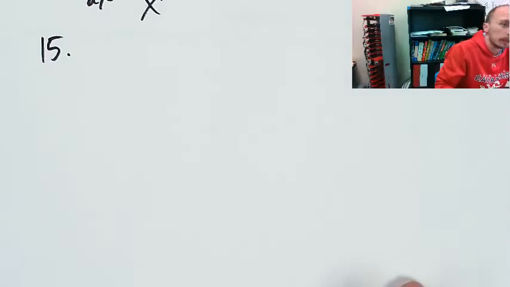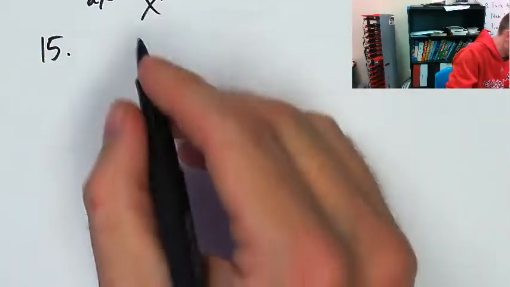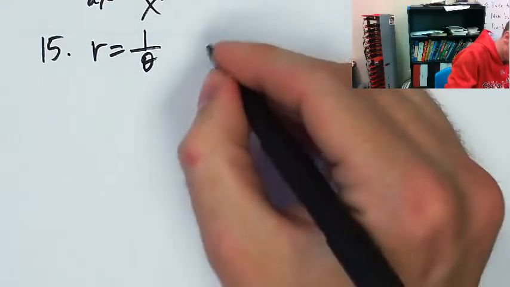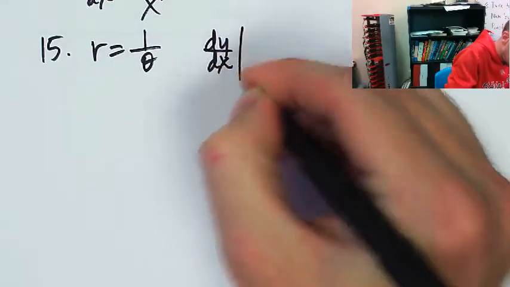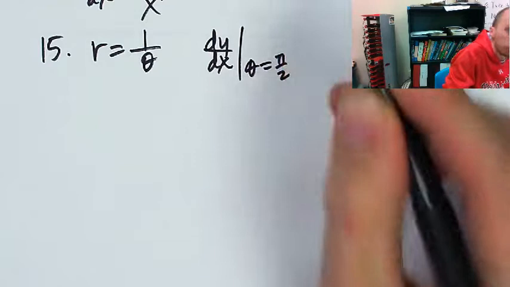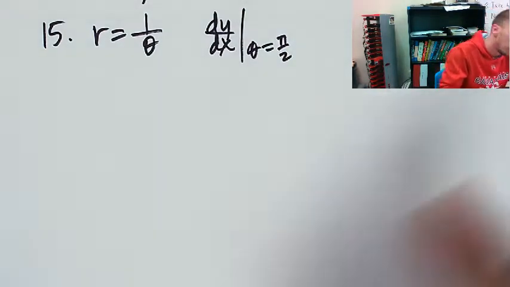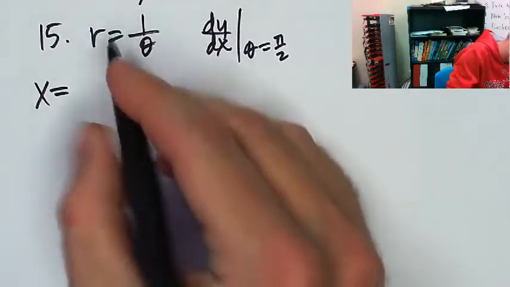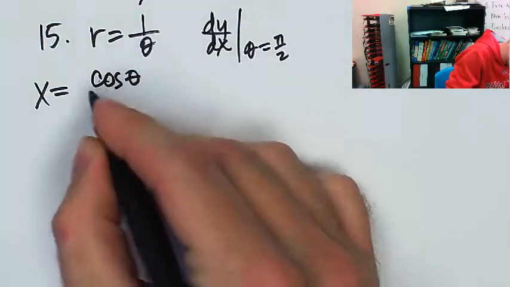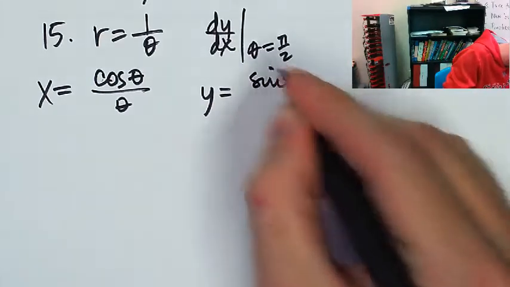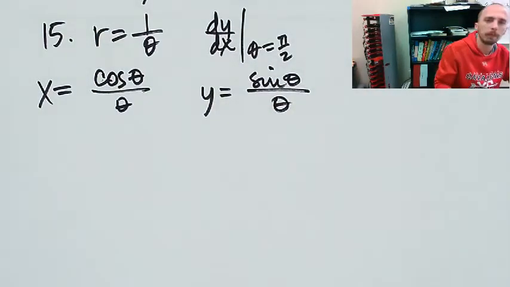No product rule here. Number 15 is r equals 1 over theta. Yeah, I was expecting one of these. I want dy dx at the point where theta is pi over 2. Okay. This is going to involve the quotient rule, right? So x equals r cosine theta, and y equals r sine theta. Okay.